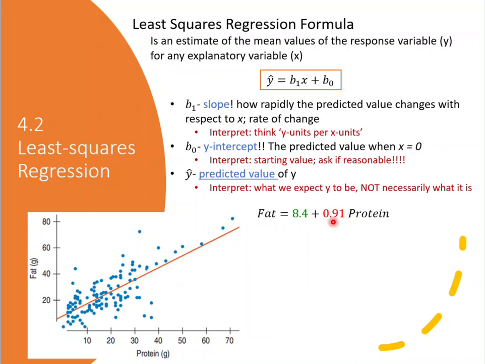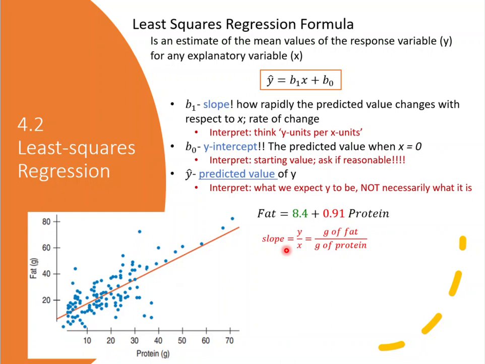When I want to think about interpreting slope, you'll notice on the screen one of the ways I am encouraging you to interpret it is to think about slope in terms of my y units per x units. What I mean by that is slope has traditionally been defined as our y values over x, and we know that from any previous algebra class.